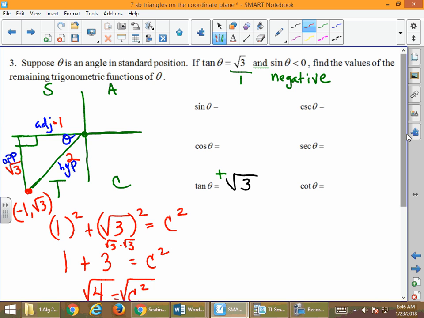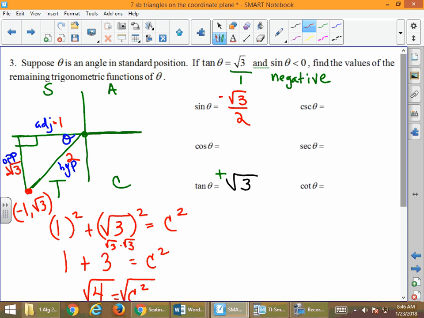Sine of theta is the opposite divided by the hypotenuse. And at this point in time, you're saying, well, Miss Danhoff, we changed the 1 to negative. Why didn't we change the square root of 3 to negative? Because we went left 1, and we went down the square root of 3.